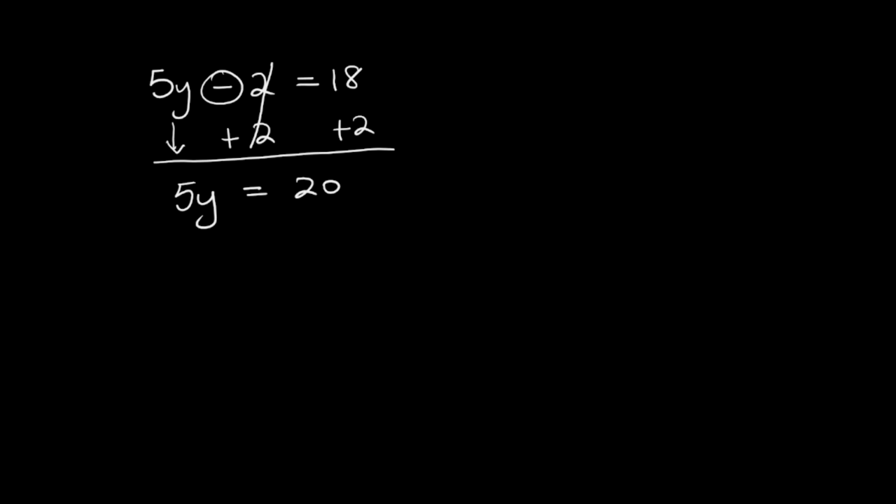And to get the y by itself, we need to divide by 5, as this is multiplied by 5, and we need to divide by 5 on this side. These two cancel, and this becomes y is equal to 4.